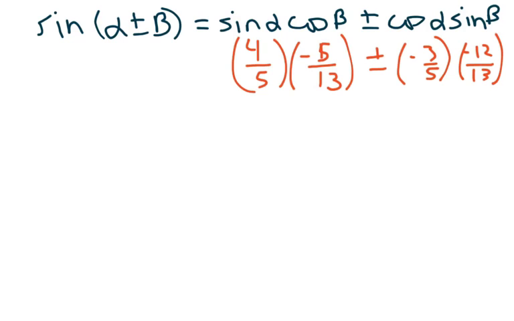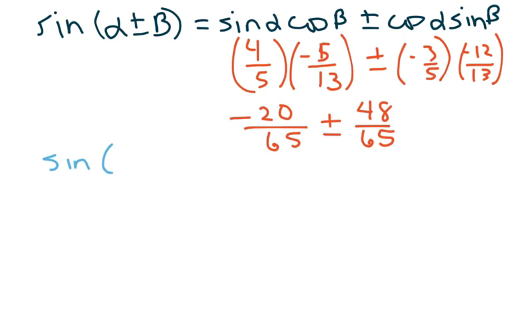If you notice, the denominators on the double angles will always be the same, so that makes it nice. You have negative 20 over 65 plus or minus two negatives here. That's going to be 48 over 65. Then we're just going to combine these. We need sine of alpha plus beta, and sine of alpha minus beta.